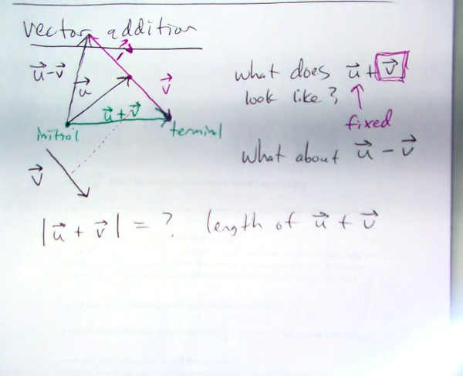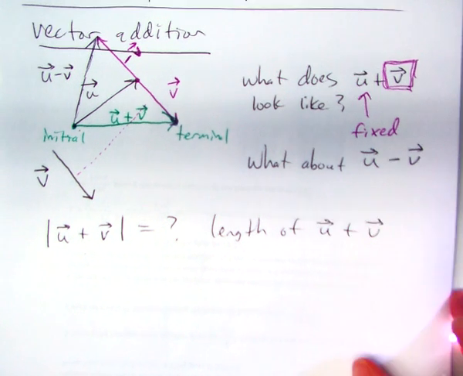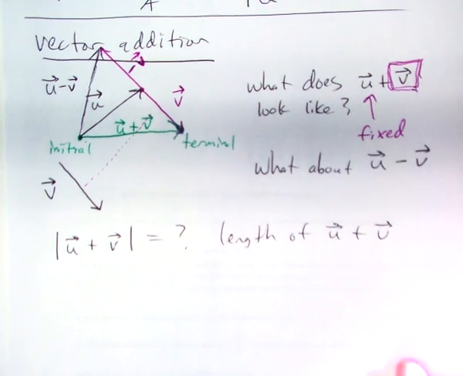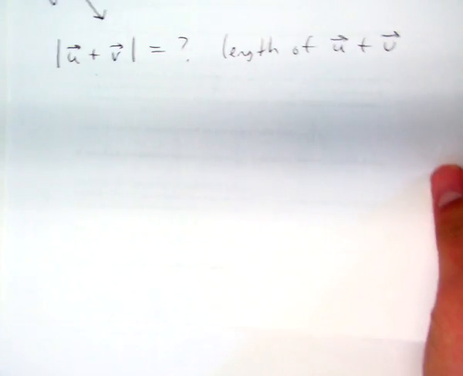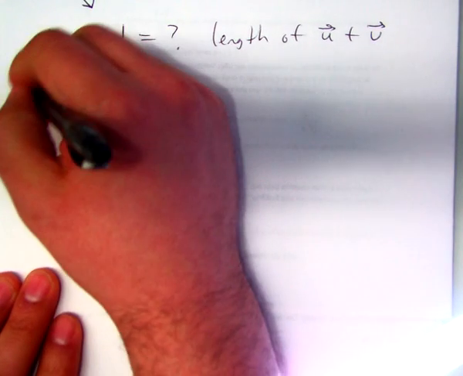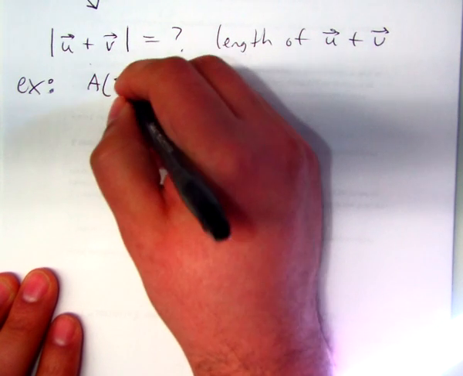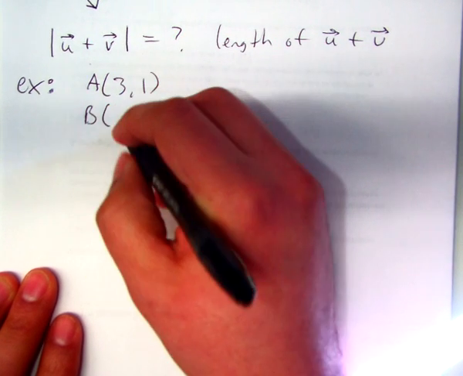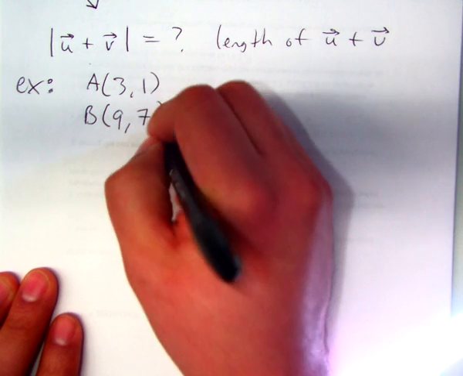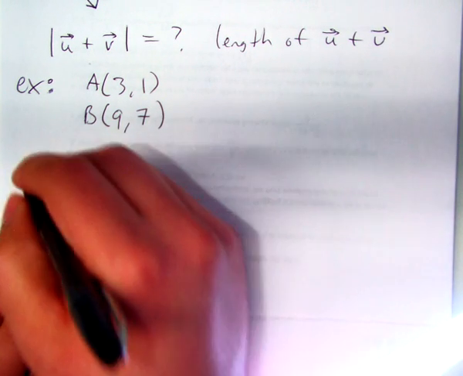So here's a typical problem for you guys. Let's say A is at 3, 1, B is at 9, 7, and let's do a few things here.